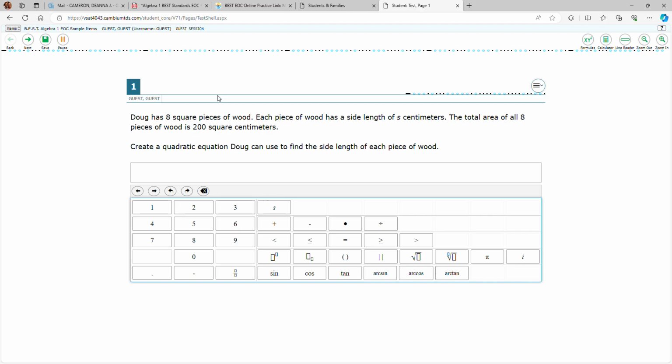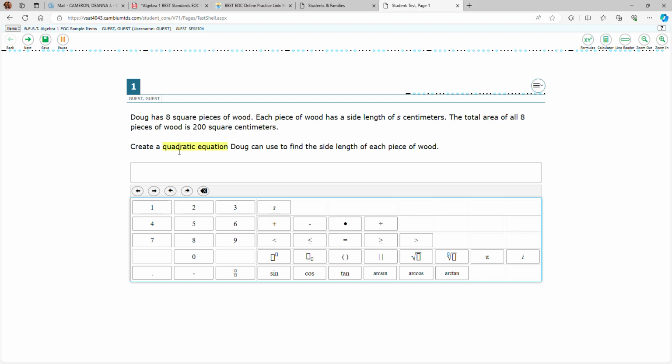So my first step is going to be to find my keywords. What jumps out at me first is the directions at the bottom: create a quadratic equation. The word equation tells me that it has to have an equal sign in it.